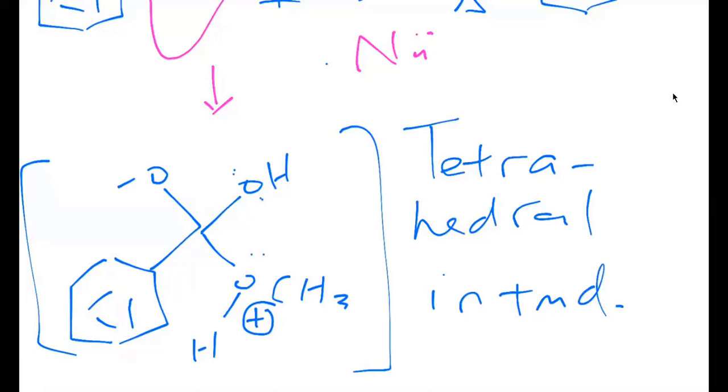All right. Now from this intermediate, let me make this a little clearer. From this intermediate, I want to lose water. How could I make water from this intermediate? Would you take a pair of electrons off the oxygen negative and do resonance? But I already have an OH group right here, don't I?